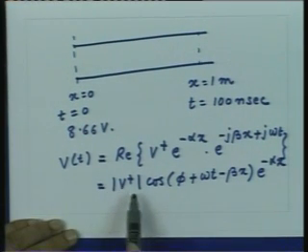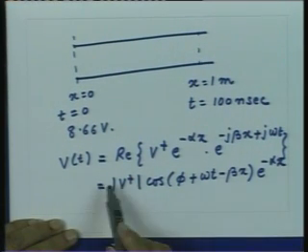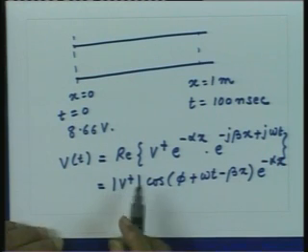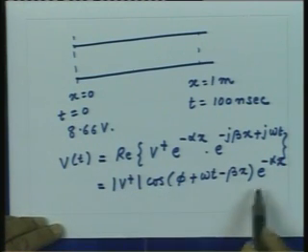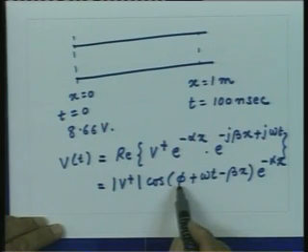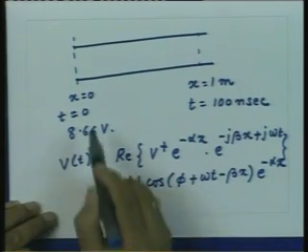The term v plus e to the power minus alpha x gives the amplitude variation as a function of distance, and this gives the phase, including the initial phase which the signal might have at x equal to 0.